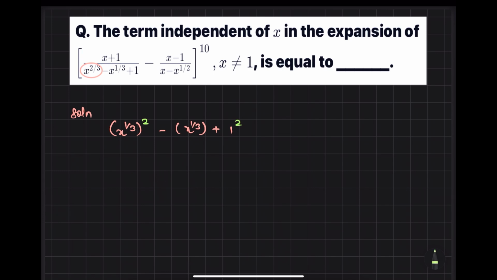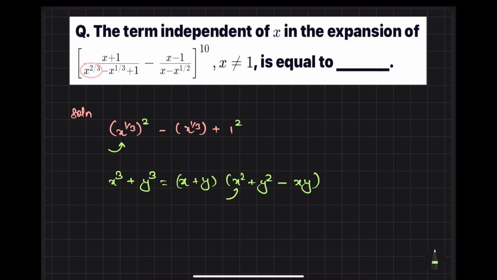Try to recall a cube plus b cube. So over there we used to write what? (a plus b) into (a square plus b square minus ab), yes or no?